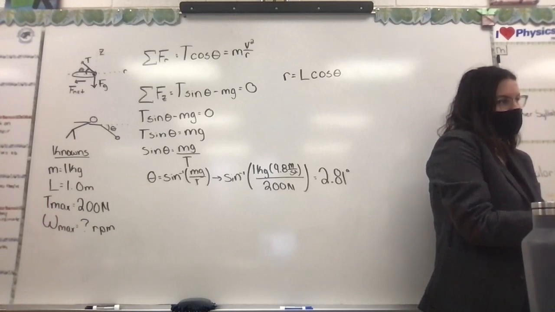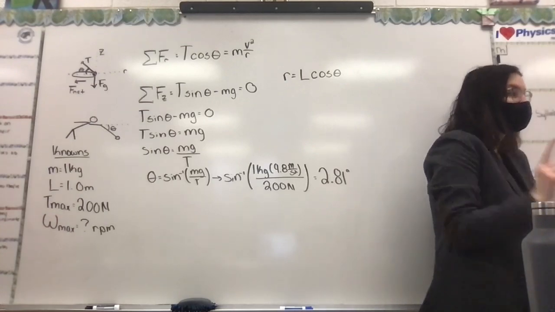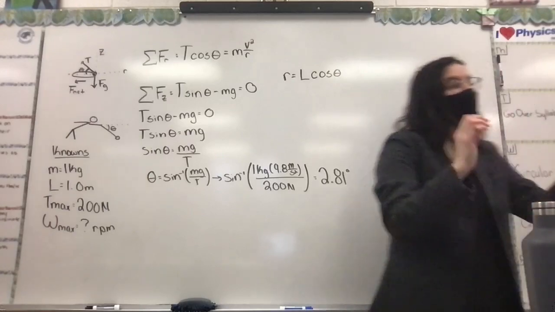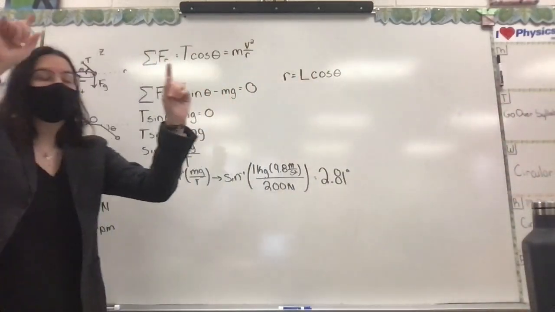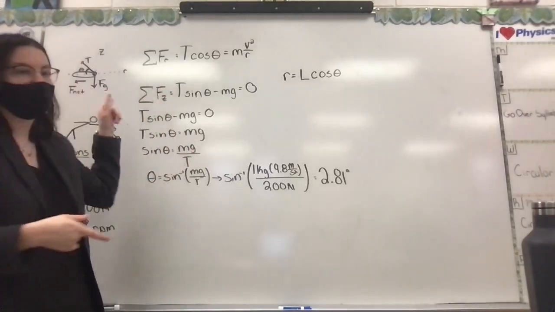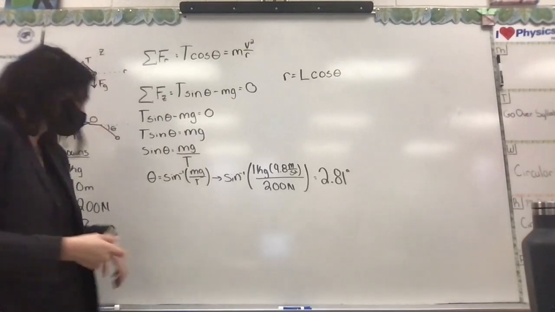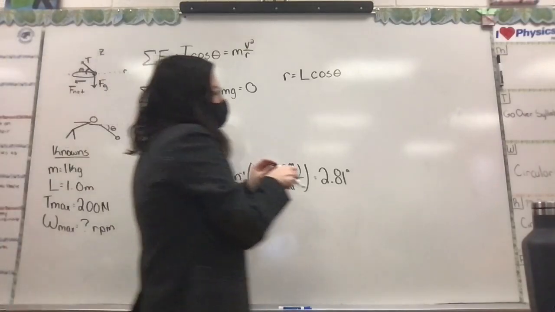The pizza is still a 1 foot radius, but the radius of the circle that it's creating in the air is not. So we're focusing on the circle that is getting formed in the air that this rock is going around. The rock is our particle. So let's say, hold on.